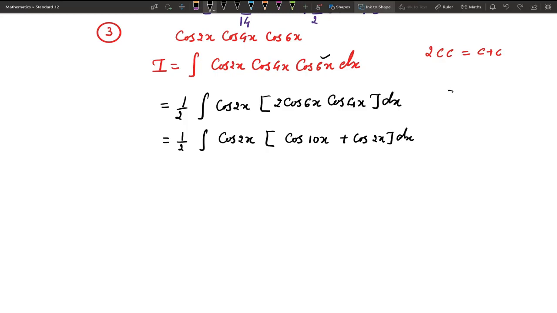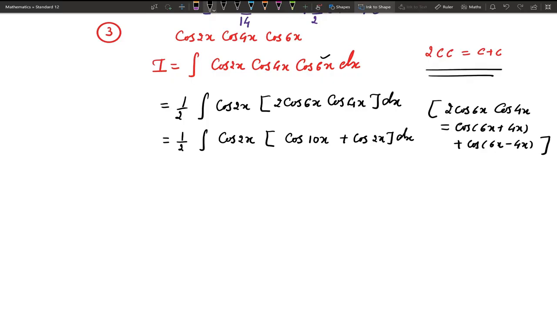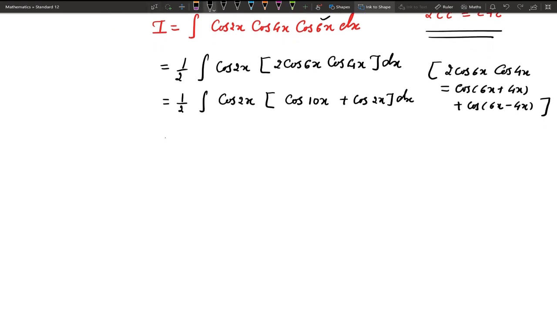We have used this formula: 2 cos 6x cos 4x equals cos (6x plus 4x) plus cos (6x minus 4x). In short, we have used 2 cos A cos B equals cos(A plus B) plus cos(A minus B).